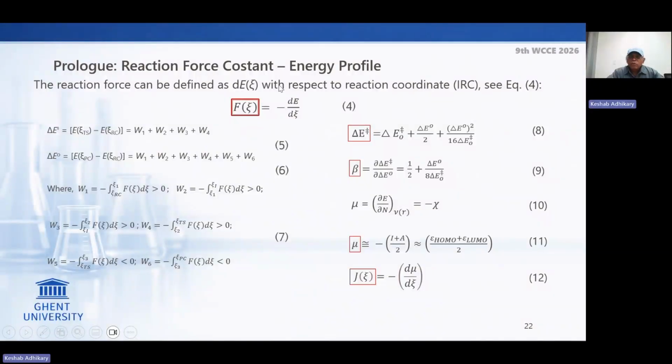We also calculate the force constant for different steps of the structure and their work functions. The work functions are divided into 6 parts along the reaction coordinate, from W1 to W6.